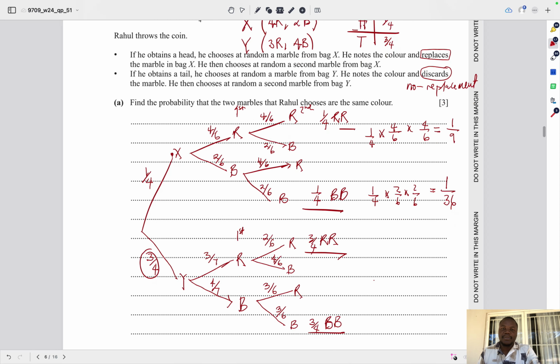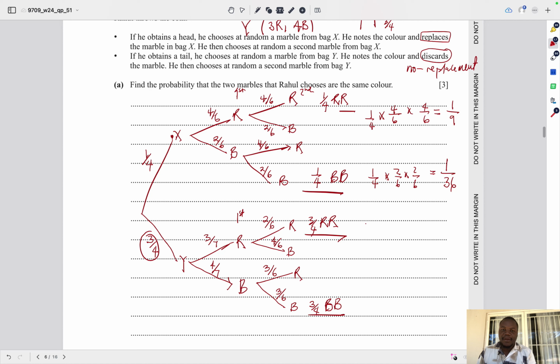And we move on to bag Y now. Here we are going to have 3/4 times red, 3/7 and 2/6, 3/7 times 2/6. What does this give us? So I'm just going to go back there again, 3/4 times 3/7 times 2/6. This gives me 3/28.